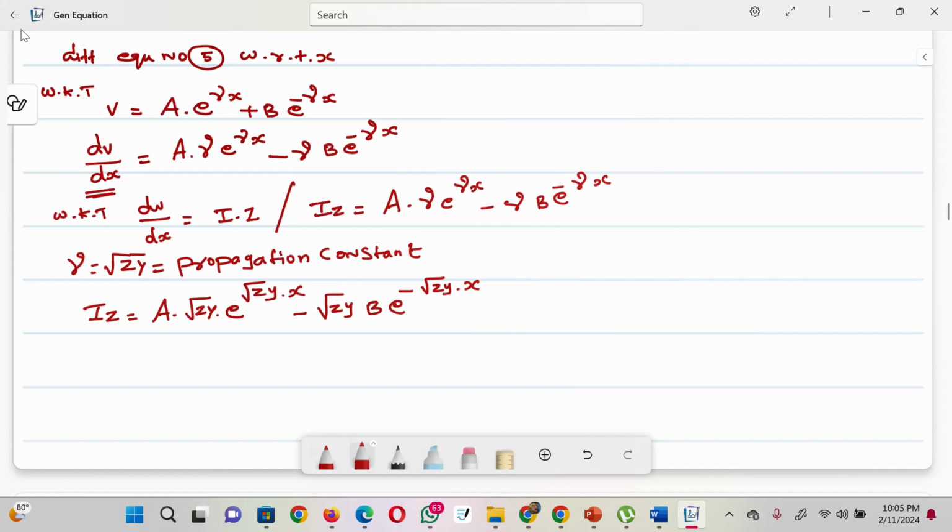Now we take only I on this side, so we move the Z from this place to this place.